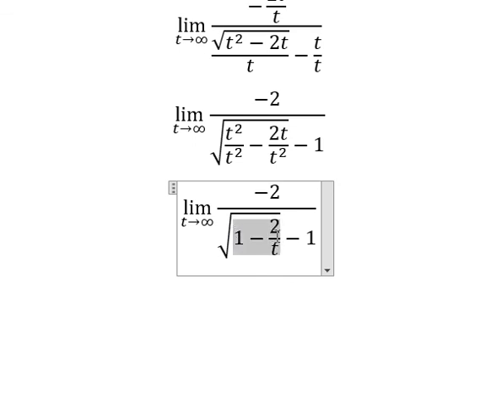So this one is always smaller than number 1. That means when t approaches positive infinity, this number in here under the square root is smaller than number 1, because 1 minus something under the square root is smaller than number 1.